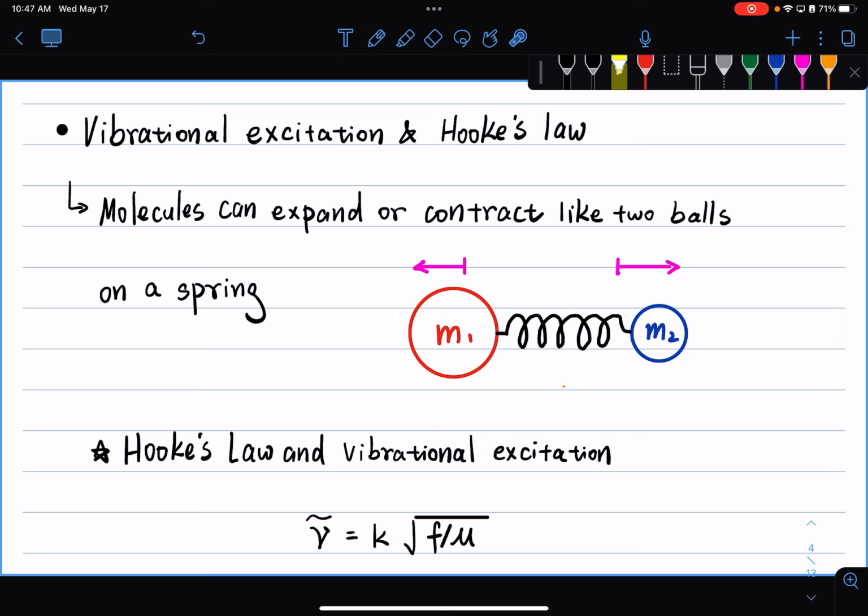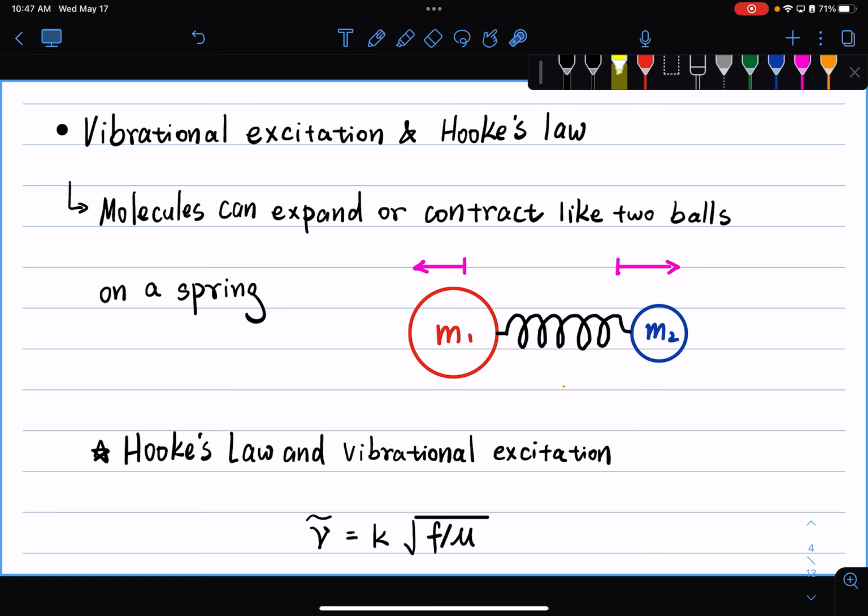One common misunderstanding of organic molecules is that they look static, like they're not moving around. But in reality, your organic molecules are always moving around. They're always vibrating, stretching, or bending in some way. And the chemical bond between the two atoms, you can imagine as a little spring.